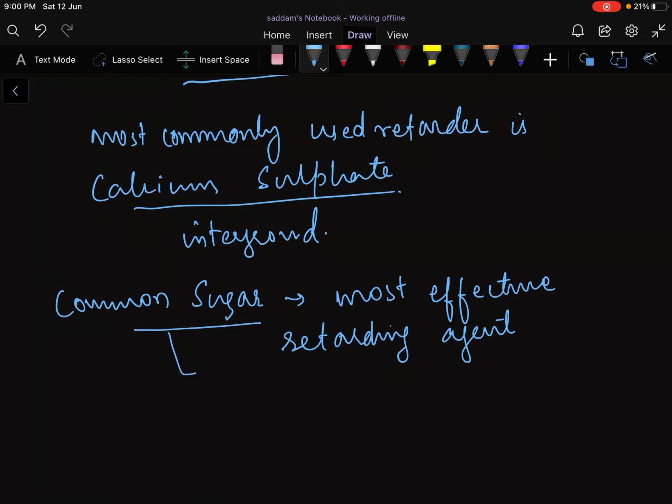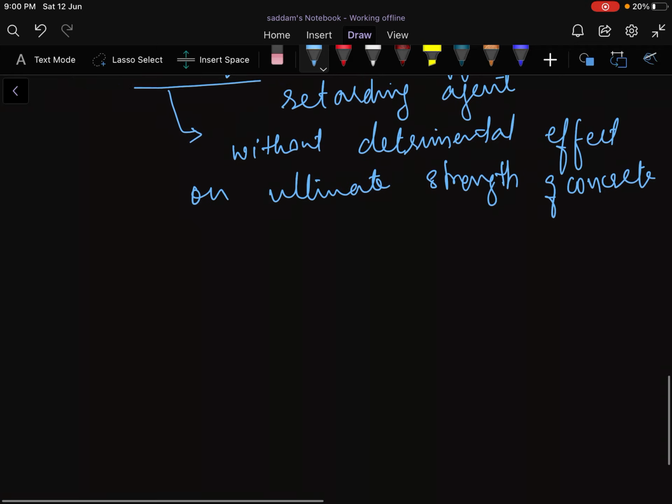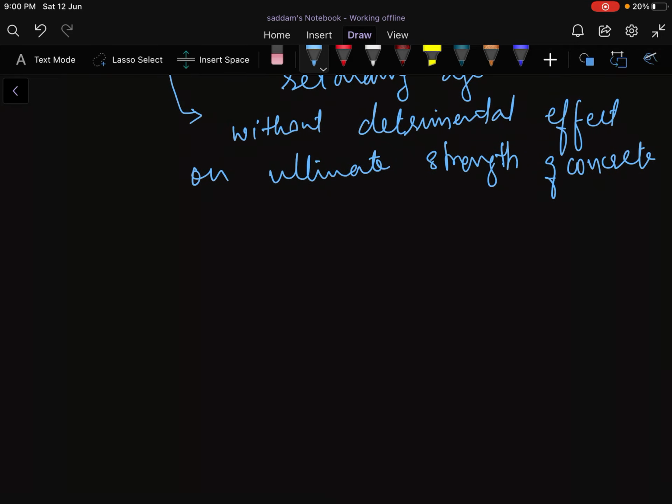Even this common sugar is used without detrimental effect on the ultimate strength of concrete. So common sugar is also a mostly used retarder.